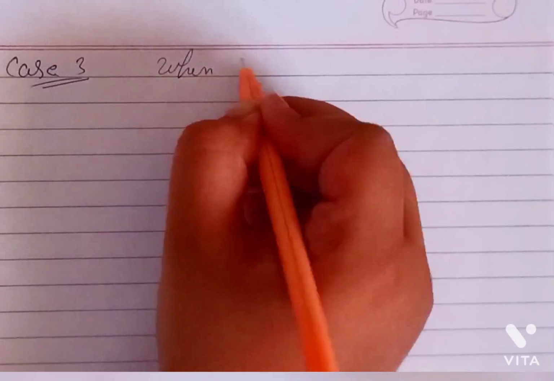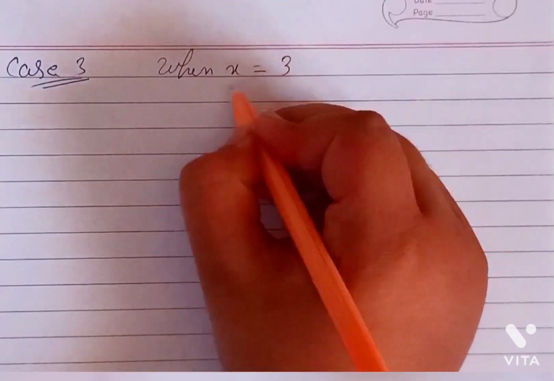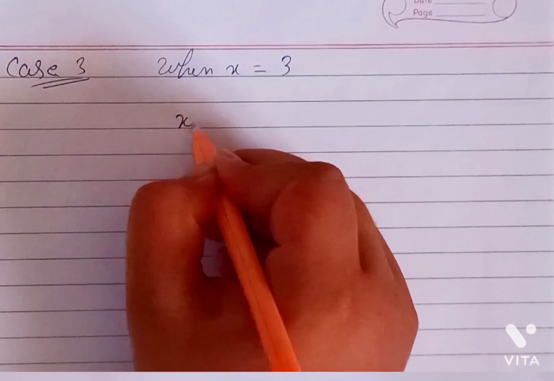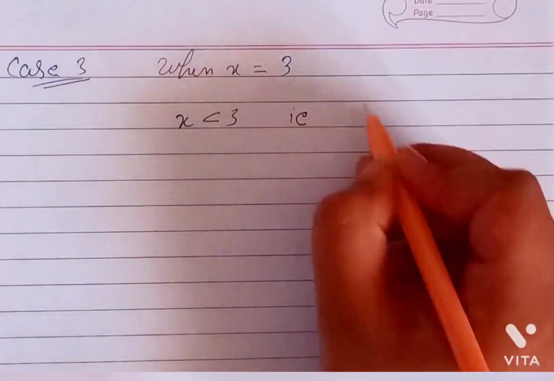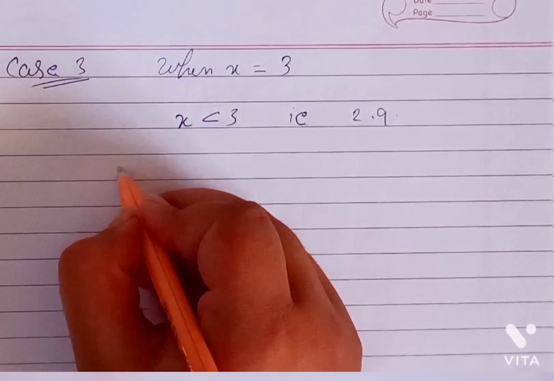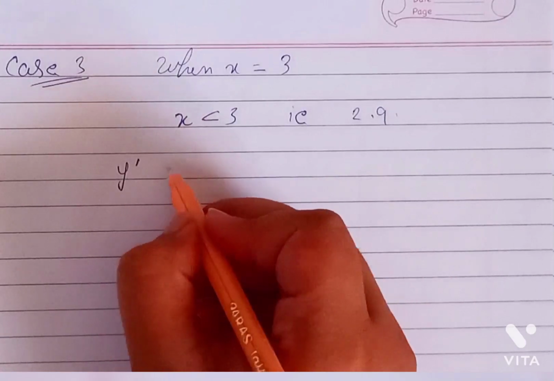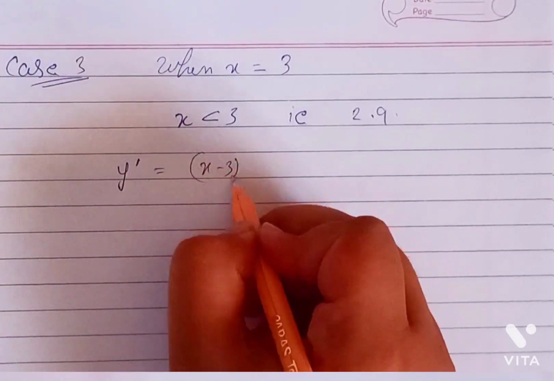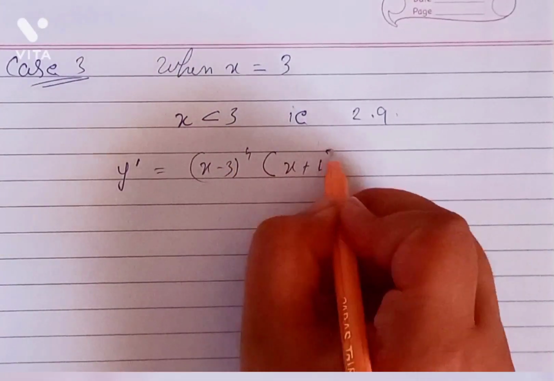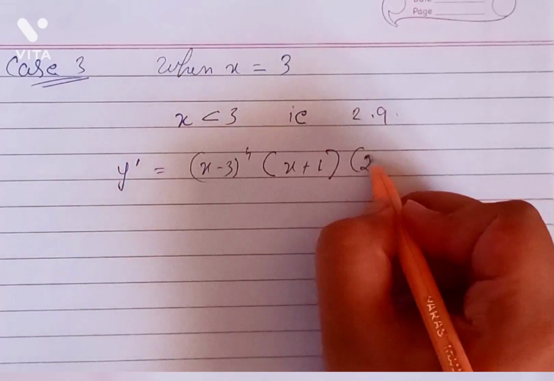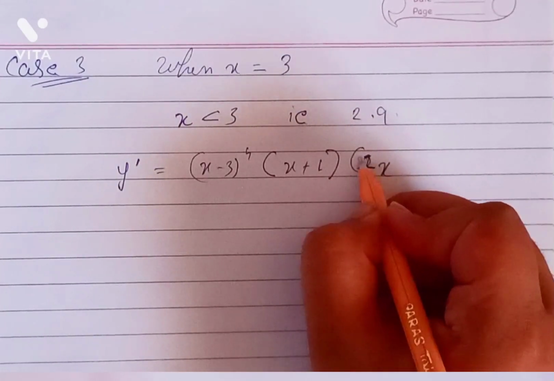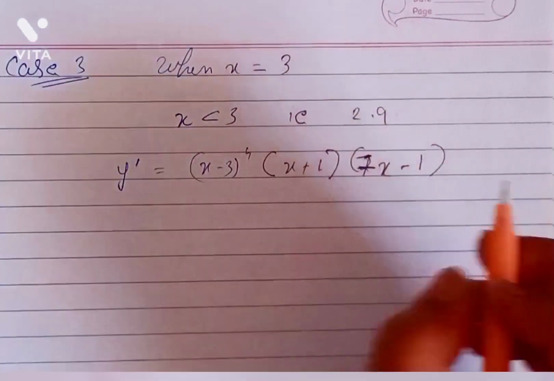When x is equal to 3. Okay, so first we'll suppose x is less than 3, that is something like 2.9. Let me write down y dash. Our y dash is equal to (x minus 3) to the power 4 into (x plus 1) into (7x minus 1).